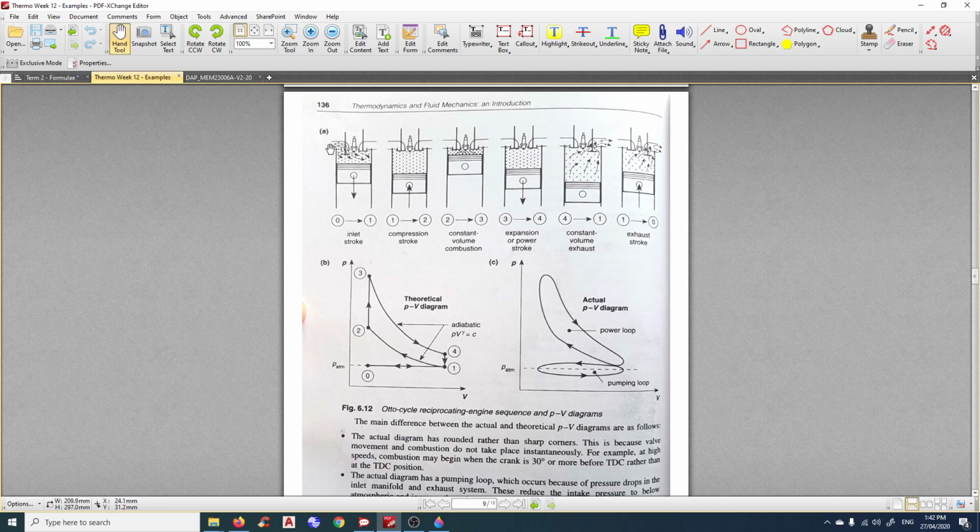So from 0 to 1, the air is being drawn into the cylinder, so the piston moves downwards, creating a vacuum, so it's drawing air down. You can see these three lines here are the piston rings. When the piston ring is new, it normally seals quite well. As the engine travels quite a lot, the ring scratches the internal wall of the cylinder and gets worn out, so we have to replace the piston ring.